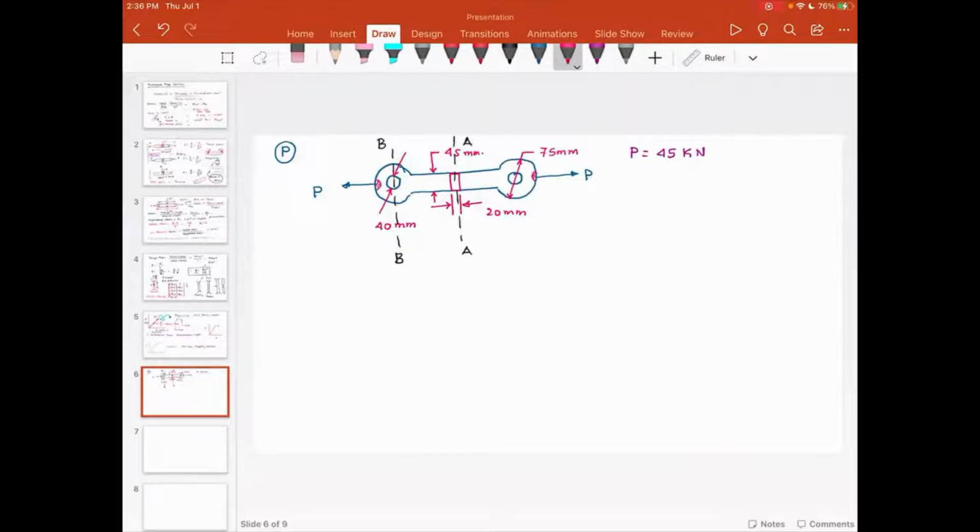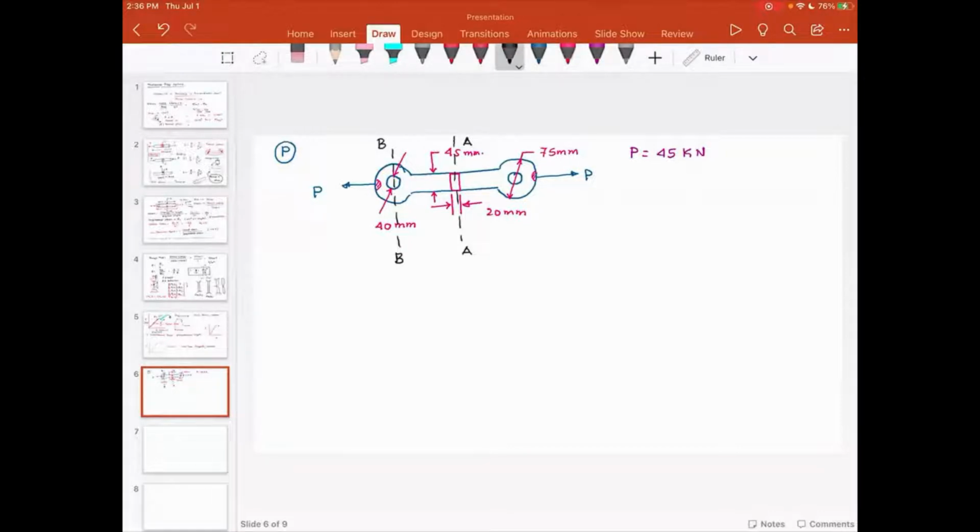At the point of location of load, the stresses will be significantly higher. But as you go away from the point of application of load, the stress distribution starts becoming uniform. So we are going to assume the stress distribution is uniform under section AA and under section BB.